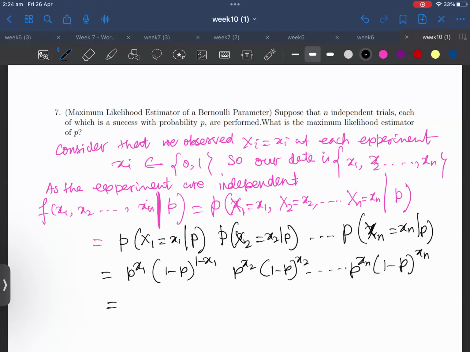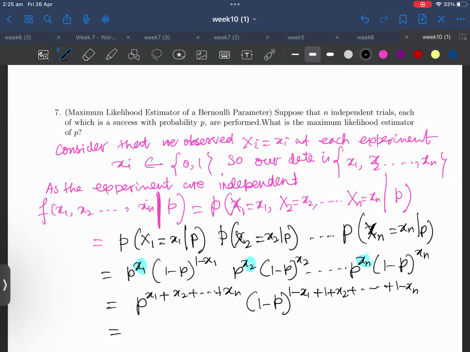So we have p to the power x1 plus x2 plus ... plus xn, and 1 minus p to the power 1 minus x1 plus 1 minus x2 plus ... plus 1 minus xn.